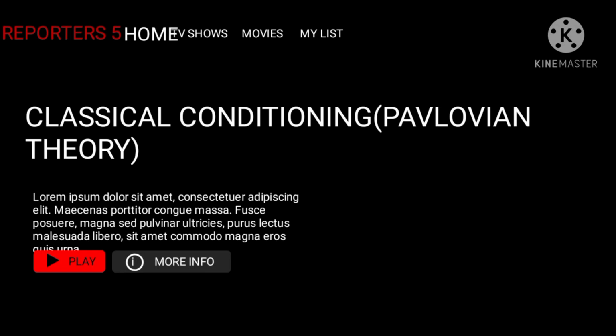Si Pavlov, nagkaroon siya ng predicted about the dog that they will only salivate in response doon sa food na nakalagay sa harapan nila.